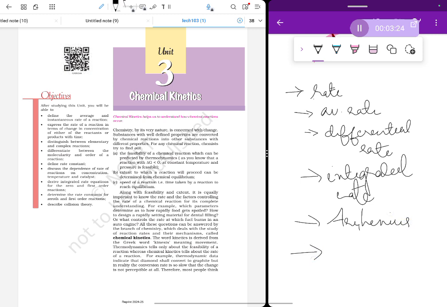The last one is about the catalyst. These all we have to cover in this particular chapter.